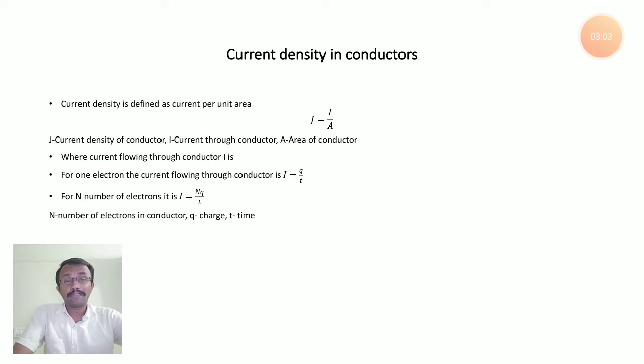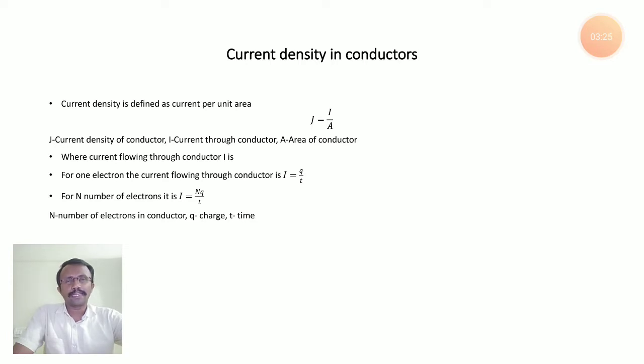Why am I stressing units? Because in examinations units are also very important; you may get one mark or half a mark per unit. Next we will see what current is. Current I is defined as charge per unit time, I is equal to Q by T, for a single electron.